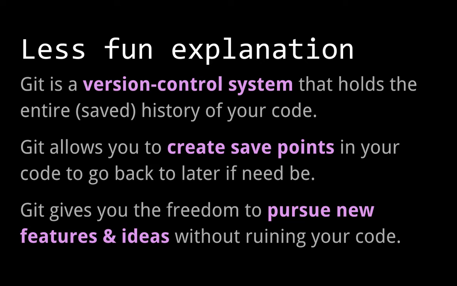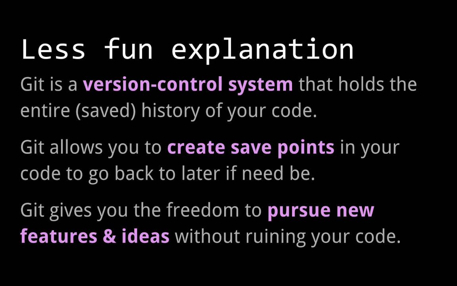Some common situations where it is a good idea to create save points include adding a function, creating a feature, or fixing a bug. Git allows many people to edit the same code without overwriting each other. You and your friends can work on different features and ideas within the same codebase at the same time using Git.